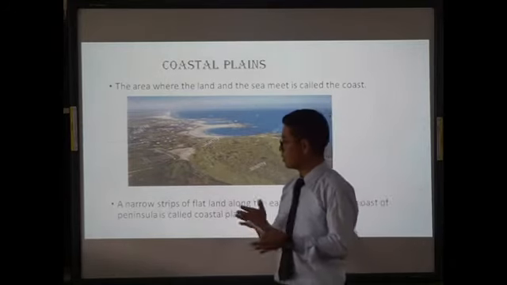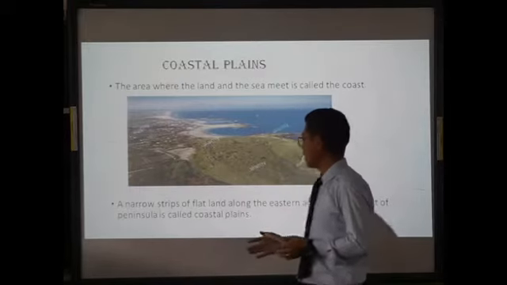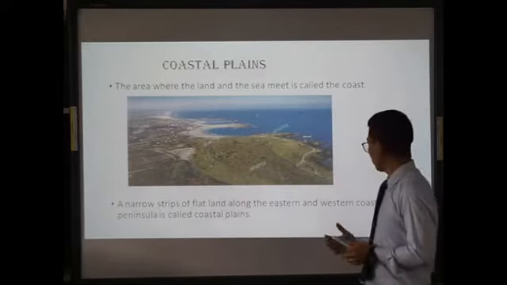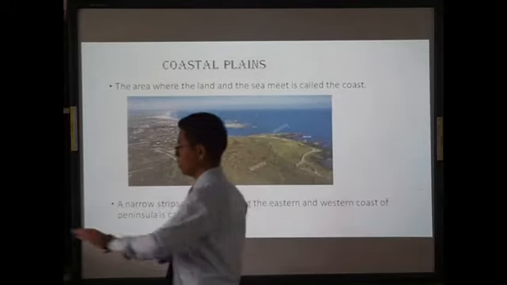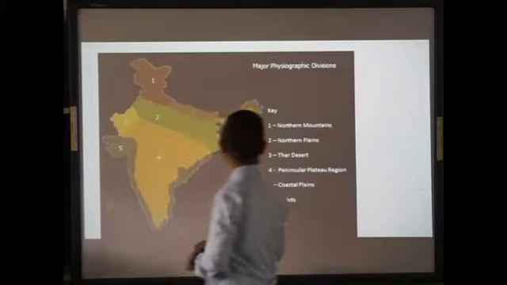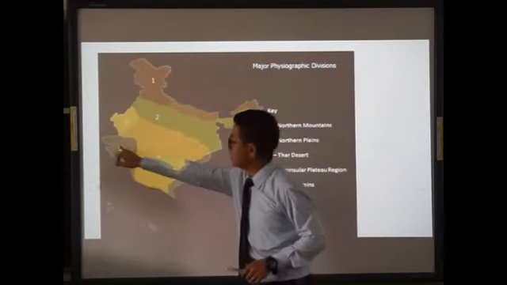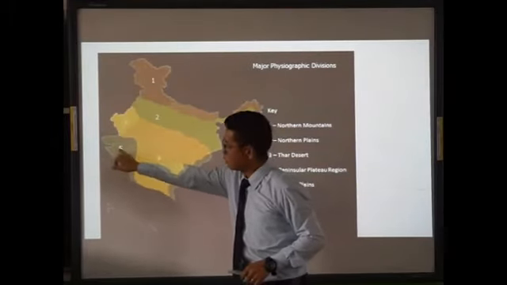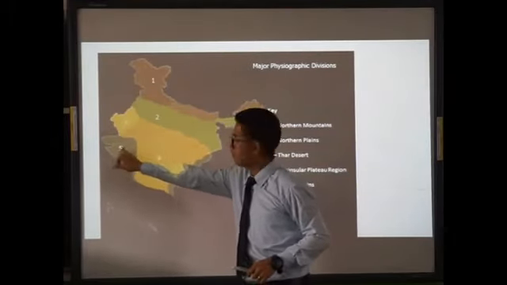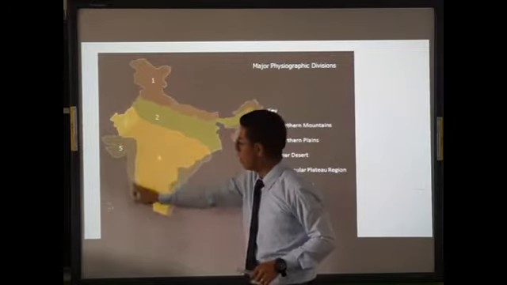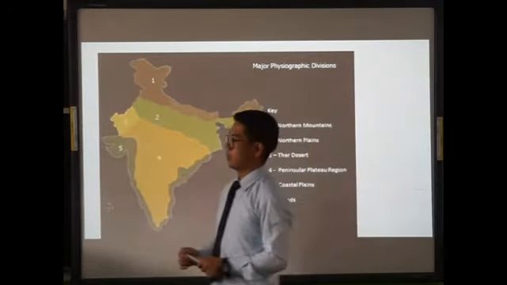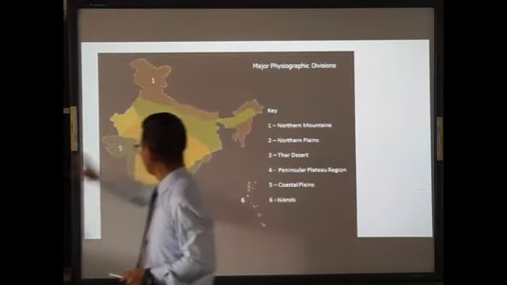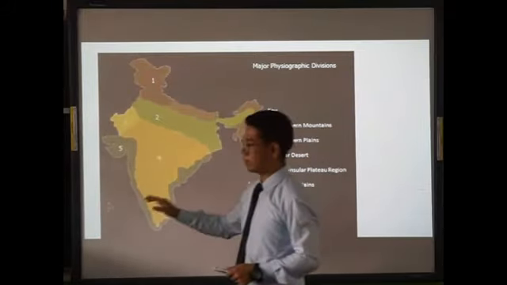Here, you can see the coastal plains in the picture, number 5. Which color is it? I think it's dark green, isn't it? So these are your coastal plains, on the eastern and western sides.